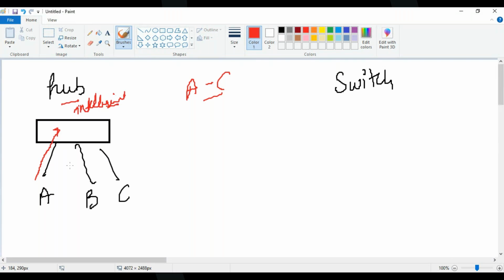So hub will broadcast this data to each and every device that is connected to it. This is how hub works.